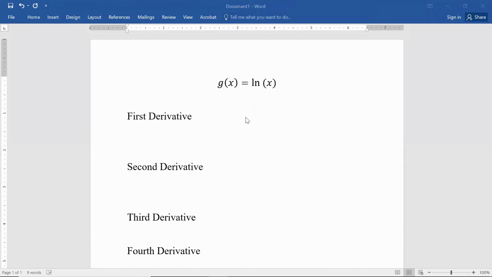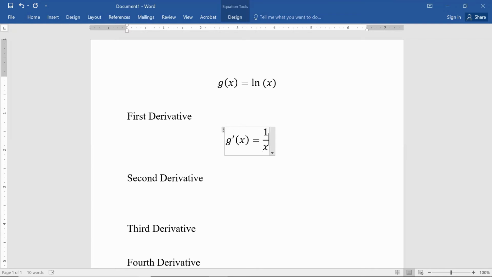All right, so the second function we were supposed to find the first four derivatives of is natural log. This one we have to use our natural log rule. So the first derivative of g is going to be 1 over x.